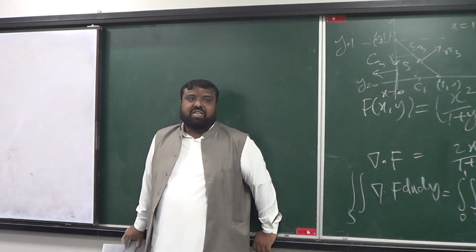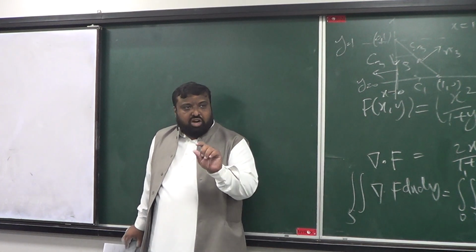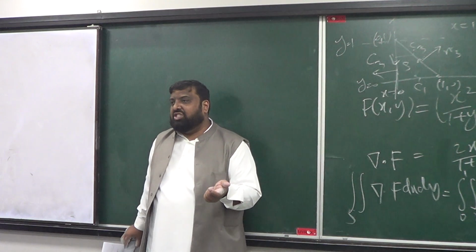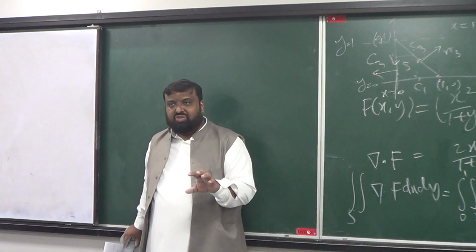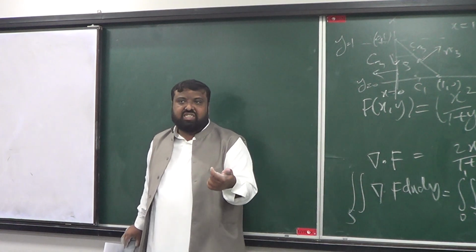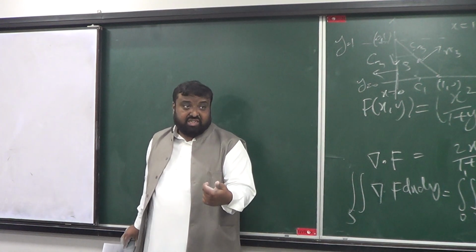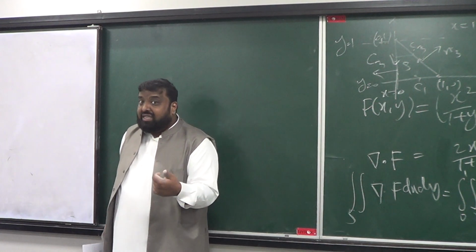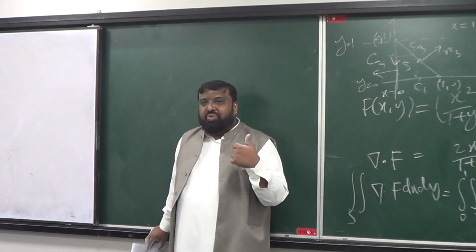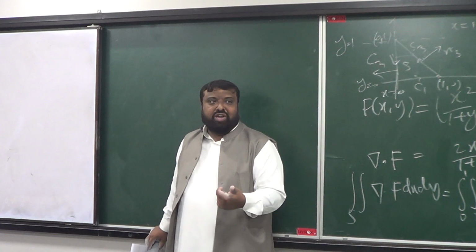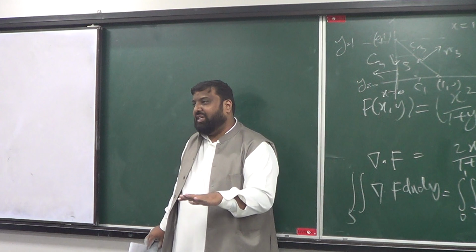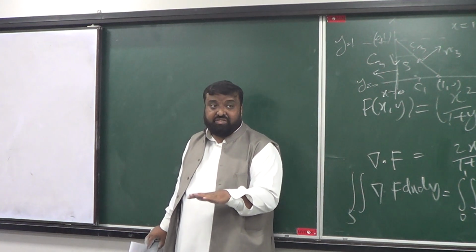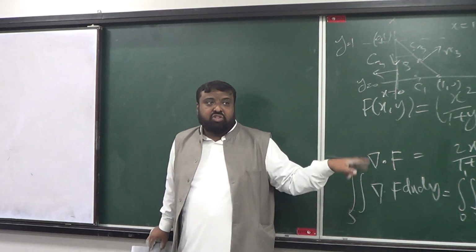Quite often it happens that if you change the order of integration, in other words, instead of integrating with respect to x first and then y, I integrate y first and then x. But you have to be very careful, because the limits will change.